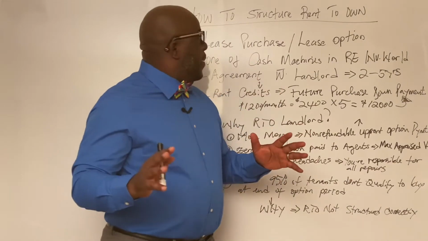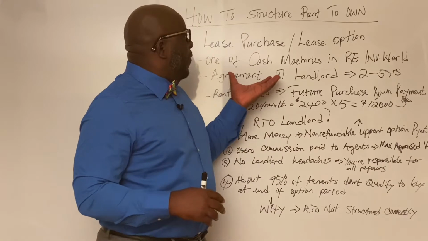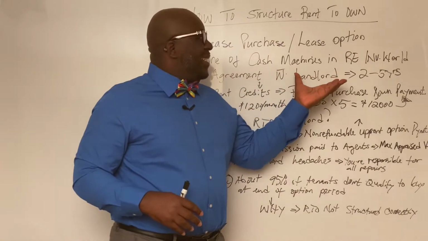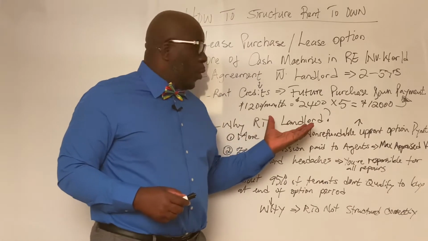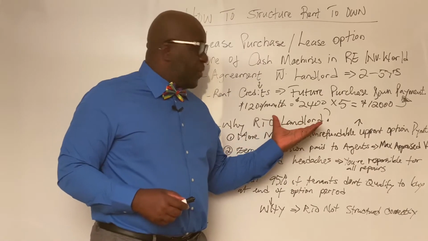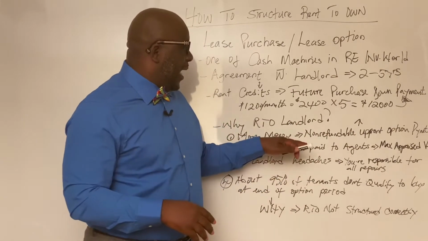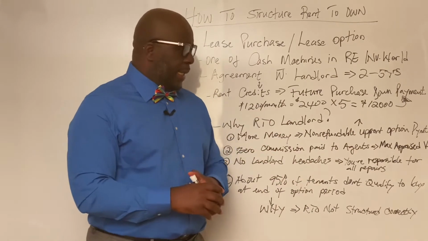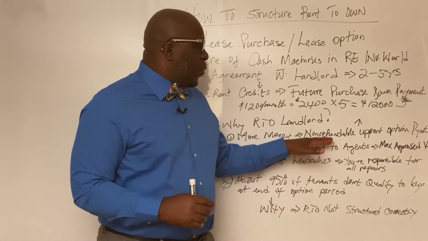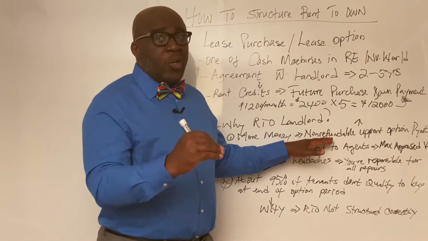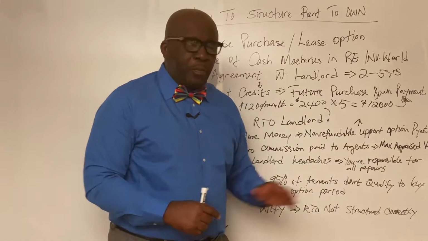Rent to own is considered one of the cash machines in the real estate investment world. Why is lease to own considered a cash machine? Number one, in a rent to own, the landlord makes more money. With the rent to own agreement, there is what we call a non-refundable upfront option payment.